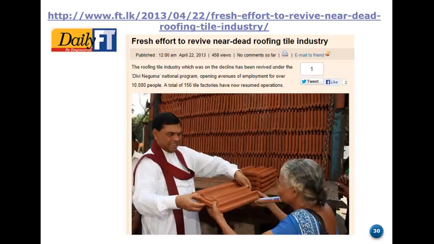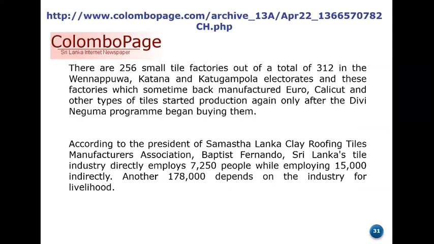Our roof tiling industry was in a nearly dead situation in 2013, under Basil Rajapaksa. He tried to uplift that nearly dying industry. He did some work, but it didn't work out very well, because they didn't understand the root cause.